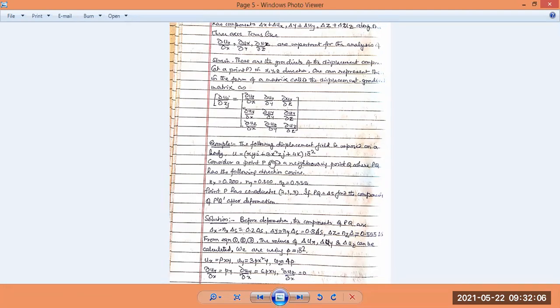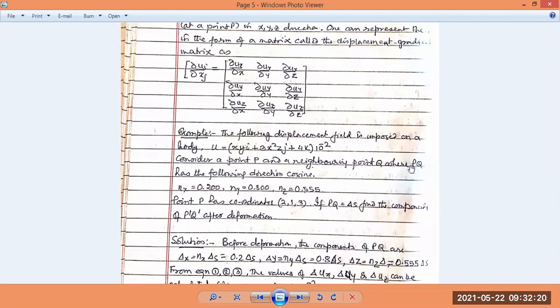Okay, let us say the following displacement field is imposed on the body: u equals (xy i plus 3x squared z j plus 4 k) multiplied by 10 to the power minus 2, or 1 by 100.